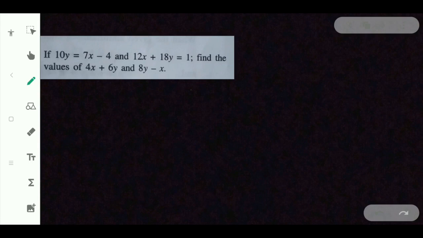So let's read the question first. If 10y is equal to 7x minus 4 and 12x plus 18y is equal to 1, find the values of 4x plus 6y and 8y minus x.